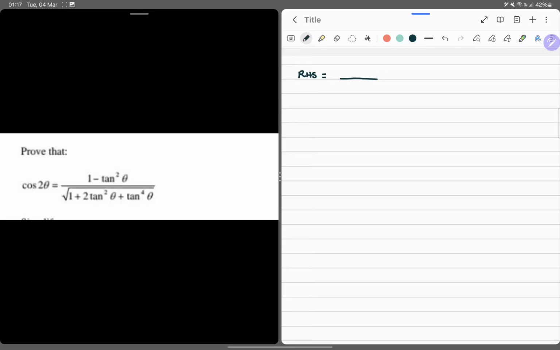The right-hand side is this ratio: 1 minus tan squared theta over the square root of 1 plus 2 tan squared theta plus tan to the exponent 4 theta.